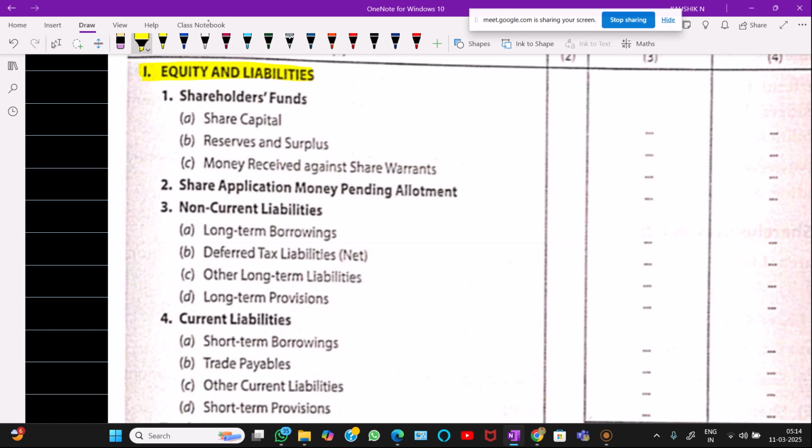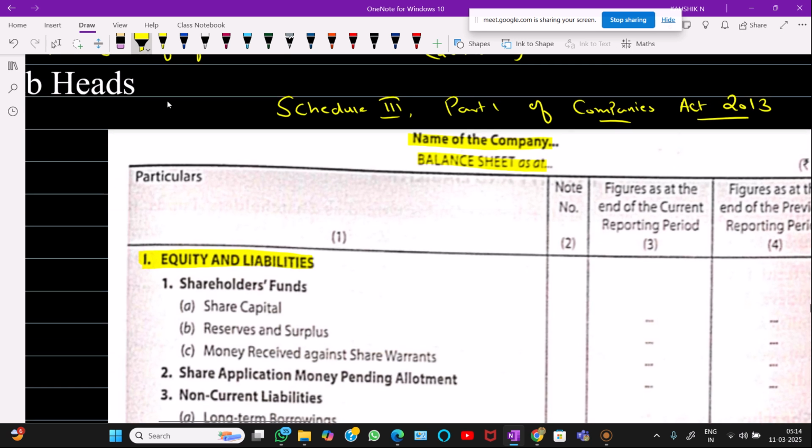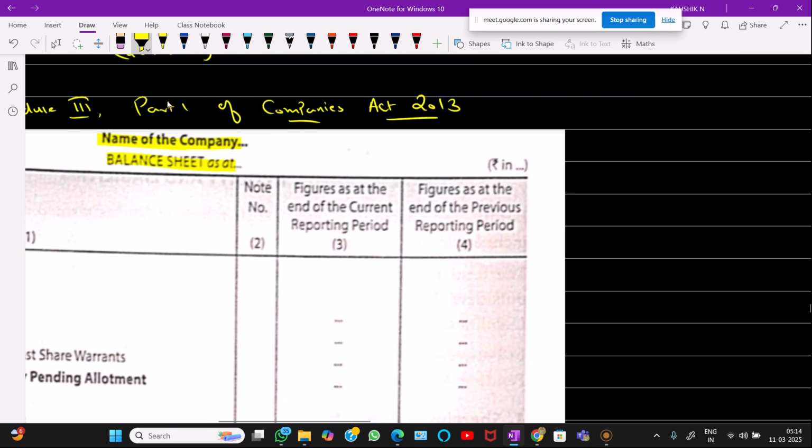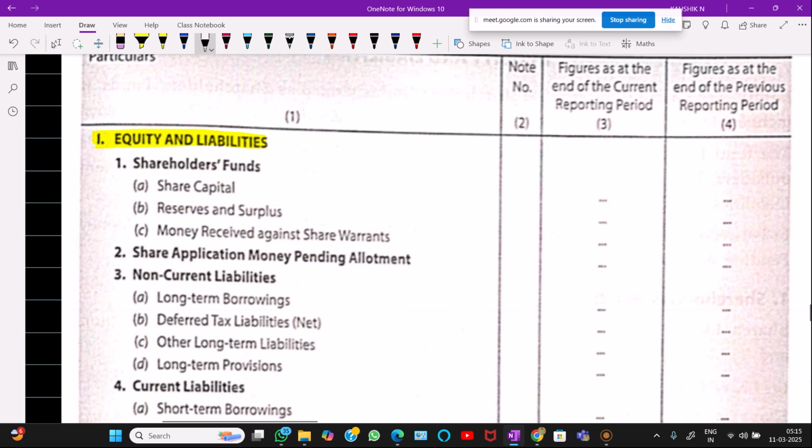Remember, the balance sheet you are learning in grade 12 is prepared under Schedule 3 Part 1 of the Companies Act 2013. We call it a vertical balance sheet. What balance sheet is this? Vertical balance sheet, very good. It is called a vertical balance sheet because it goes in the vertical direction.